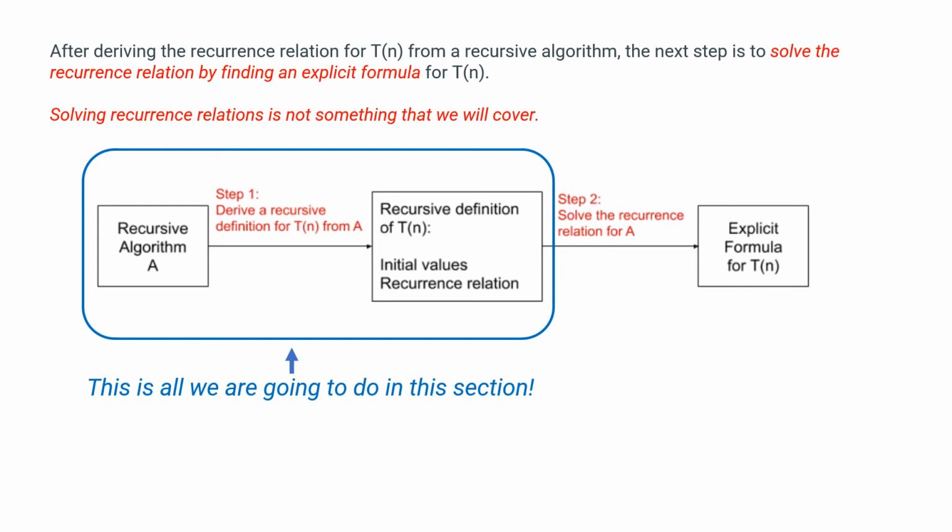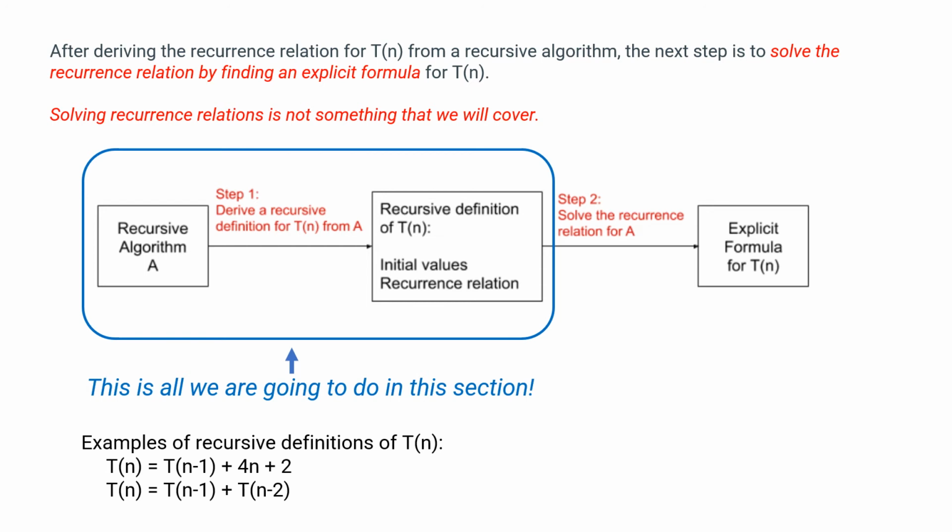And then it says something like solving recurrence relations and getting the explicit formula. That is done elsewhere in the book. And I'm not sure where it's done in the book because I haven't seen it. But anyway, the point is we're not going to do that here. So we're not going to go that one step further and get the explicit formula. All we need to do is take a recursive algorithm and come up with the recursive definition of the time complexity. So that's what we're going to do in this section.